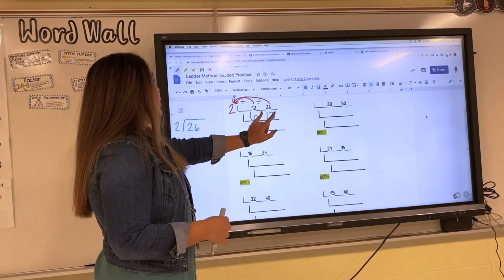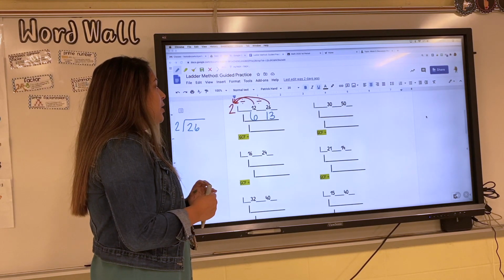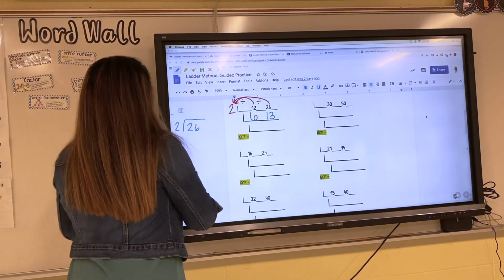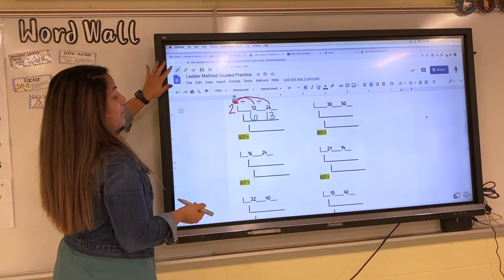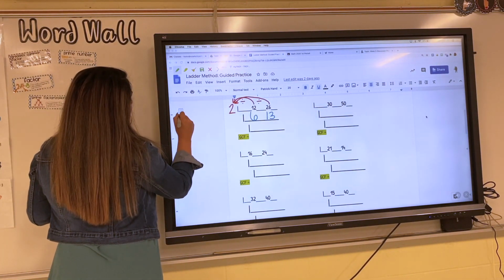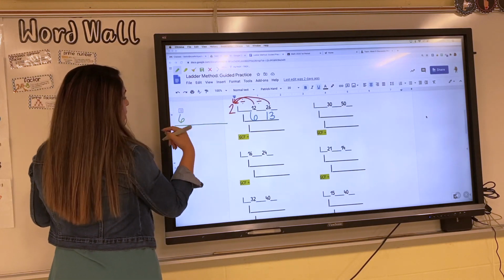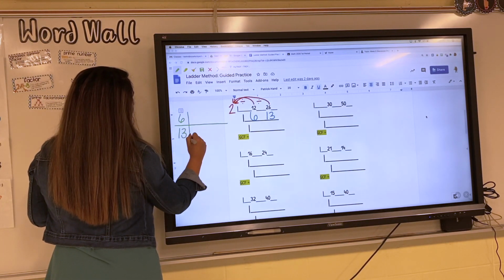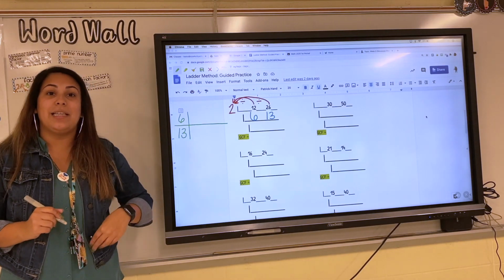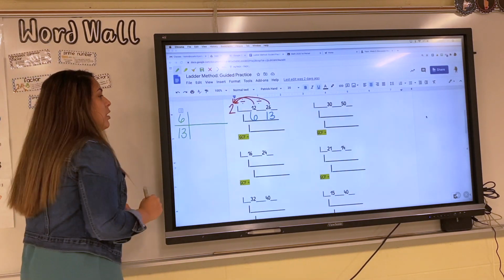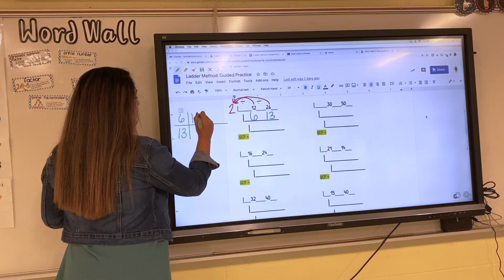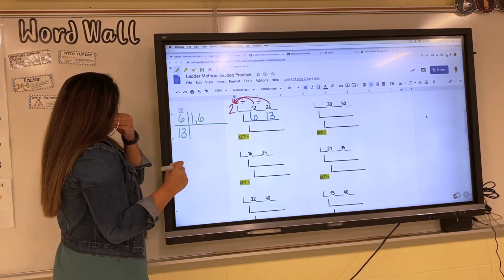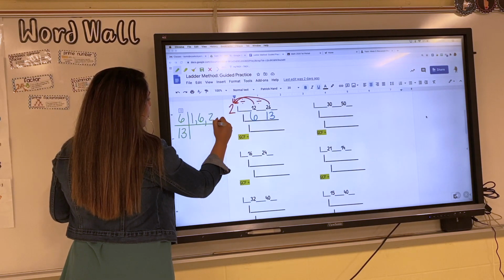So now I need to figure out what number or factor 6 and 13 have in common. I don't really know this off the top of my head. So I'm going to do like how I've done in the previous problems. I'm going to write a table and list out the factors that they have in common. So the factors of 6 are 1 and 6, and then 2 and 3.